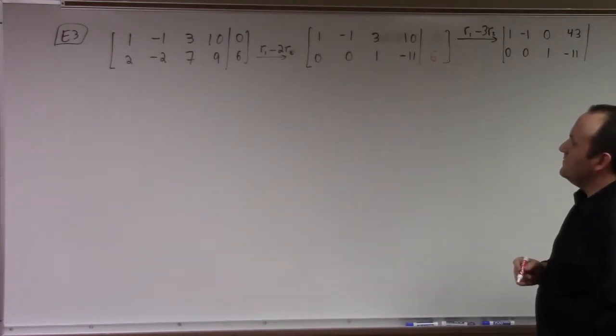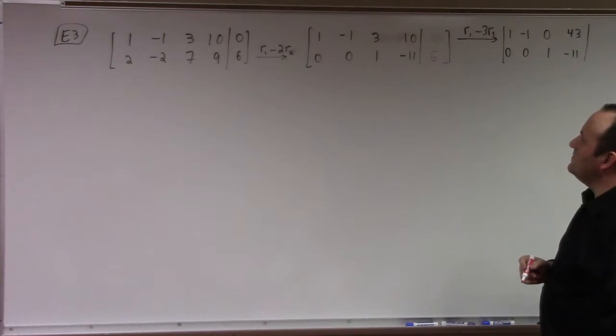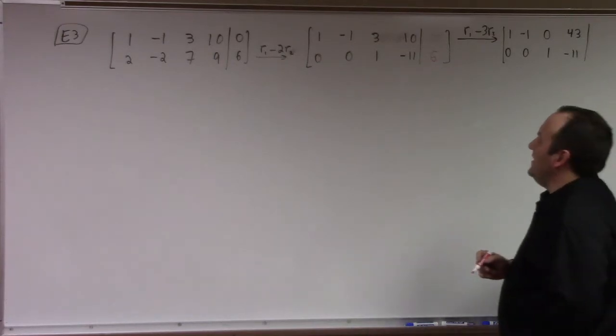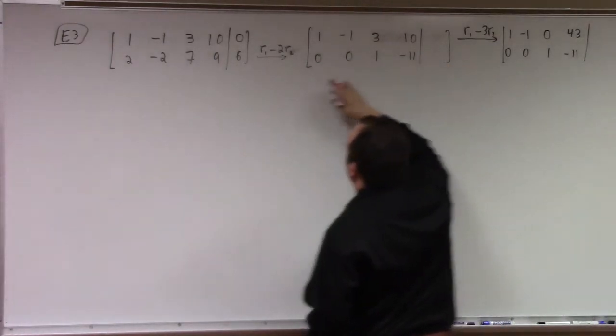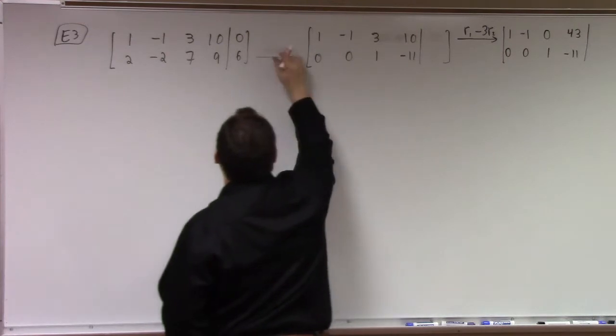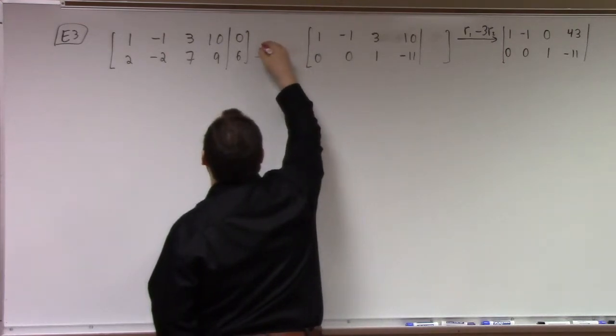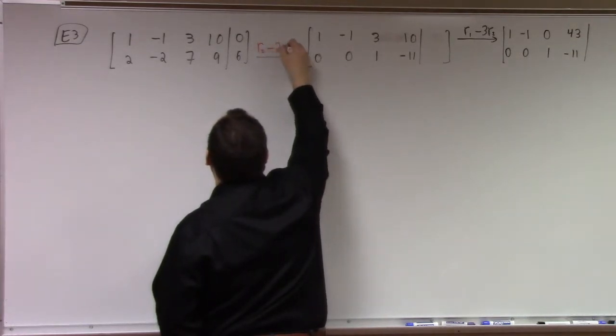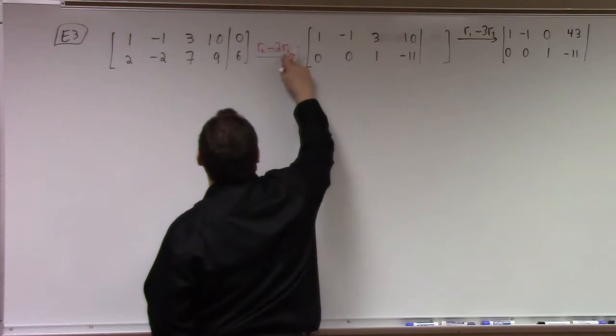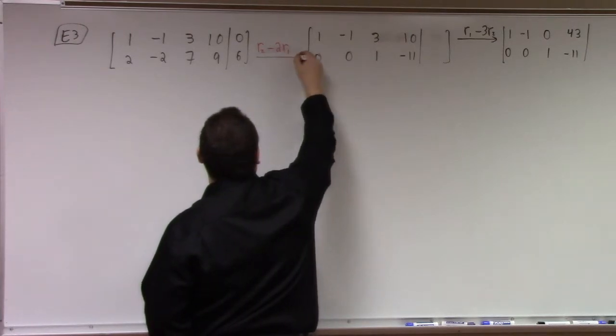Wait a minute. What have I done? Oh, man. I did the calculation right, but I wrote it over here. So this is where the correction needs to go. I'm supposed to write what? I'm supposed to write row 2 minus 2 times row 1. So if you were confused, good.